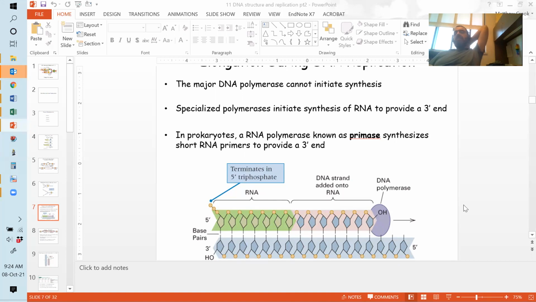Now, another question to get you thinking. Per replication bubble, let's say we just have unidirectional replication, just to keep things simple, how many RNA primers per replication bubble, or even per replication fork, would you expect for the leading strand?